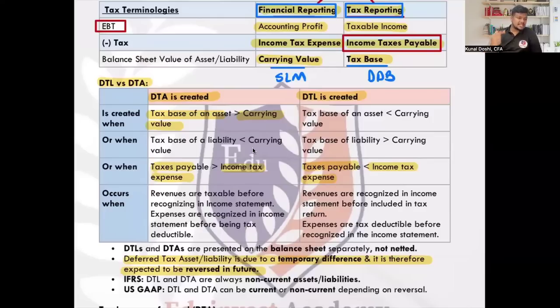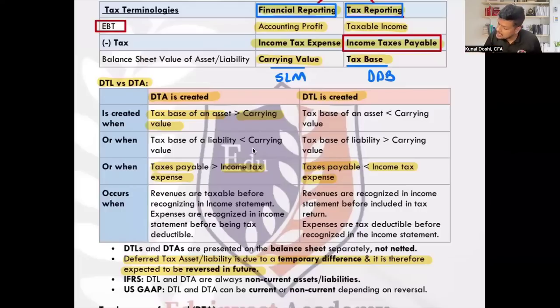I have more depreciation, which means my profits right now will be less. If my profits are less, my taxes right now will be less. Understood? Right now less means more in the future. Hence, it's a DTL. So let us understand this.